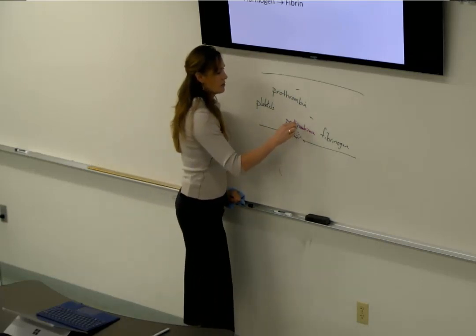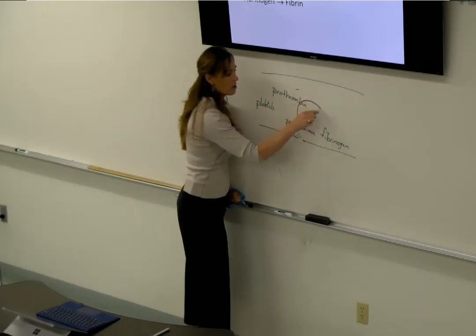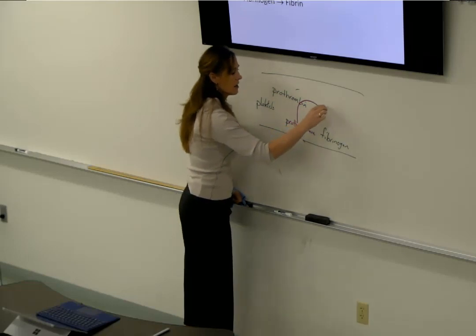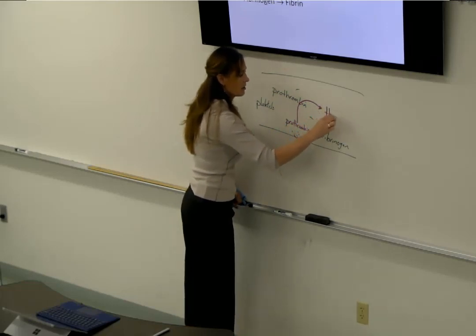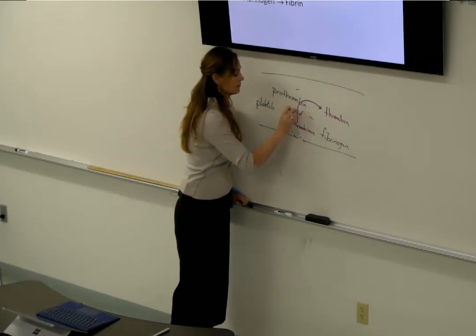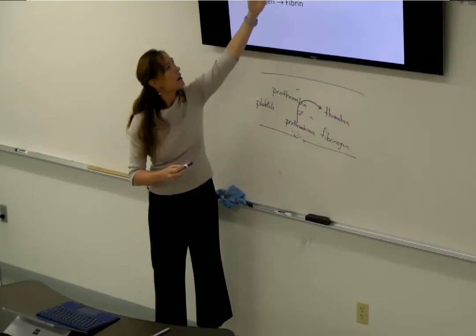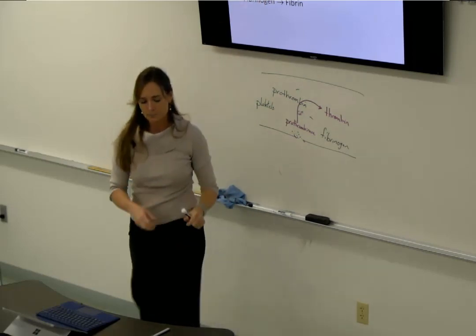Prothrombinase is going to go to the prothrombin that's already in the blood and cause it to become thrombin. It also uses calcium to do that. So calcium and prothrombinase together come in to this prothrombin.